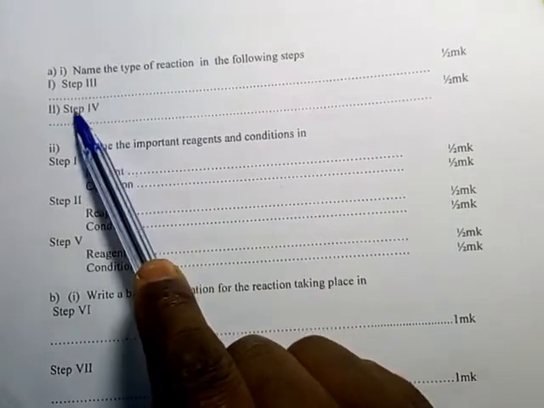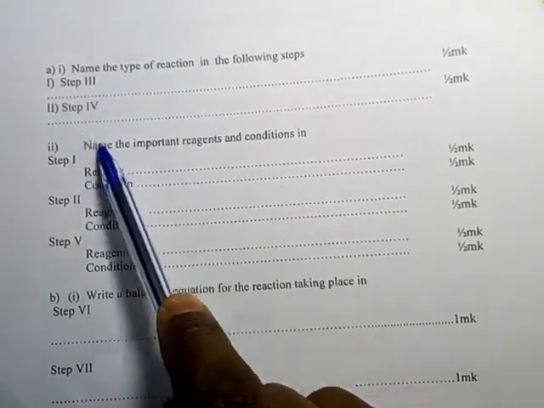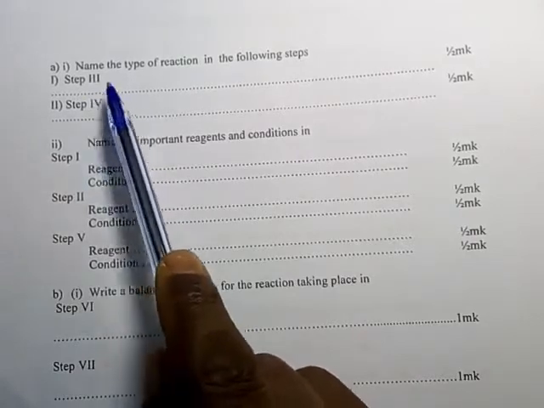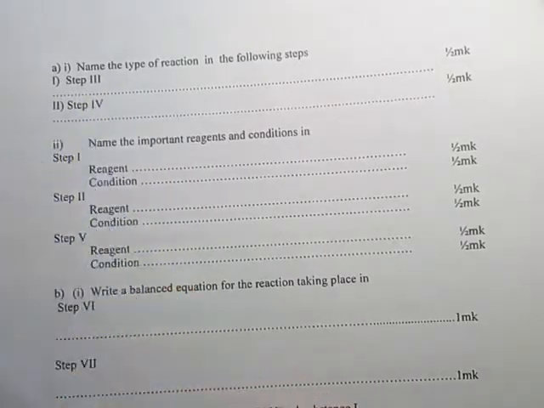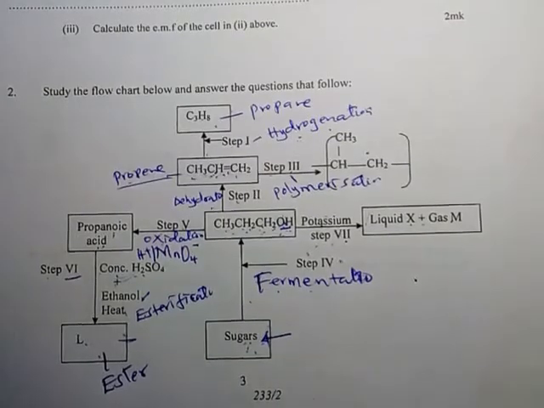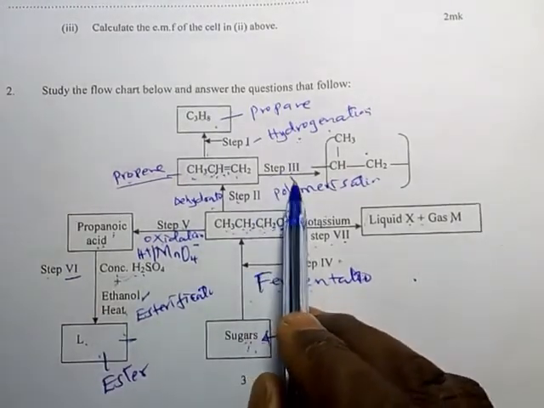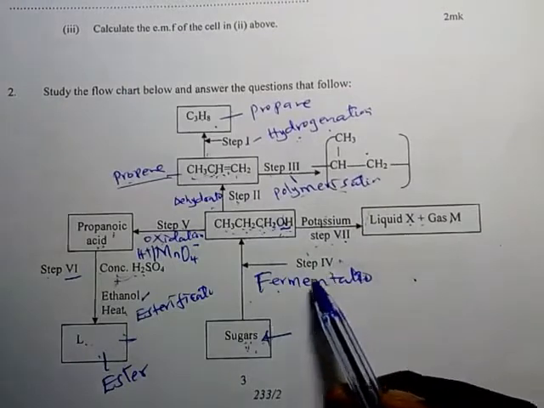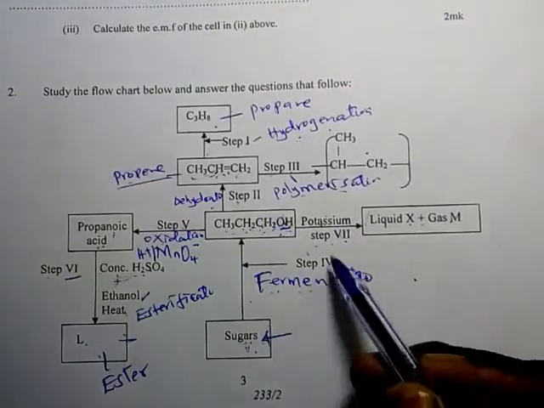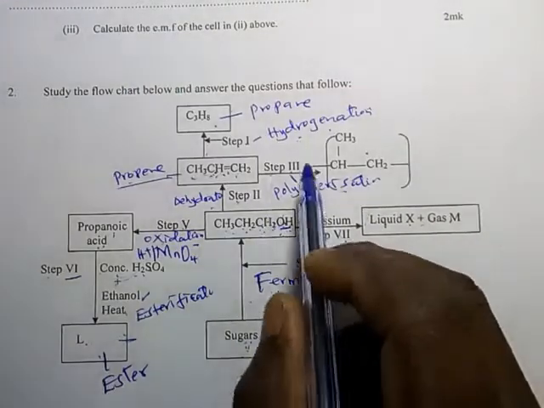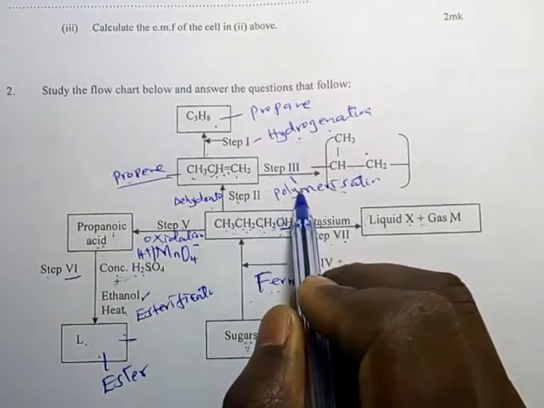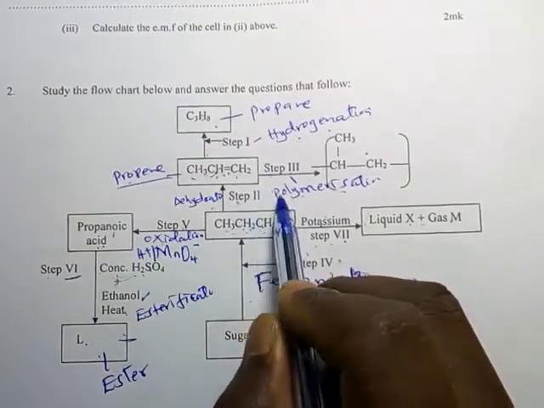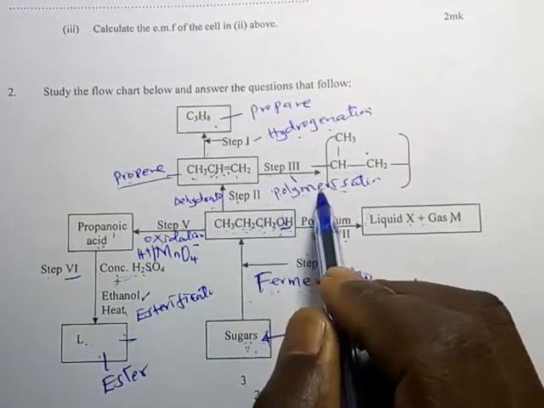Step 3 and step 4. So we go back to the chart and see step 4. What kind of reaction do we say is there? The reaction in step 3 is polymerization. The reaction in step 4 is fermentation. So these are the things we are going to write there. But remember, we have two types of polymerization. We have addition polymerization and condensation polymerization.